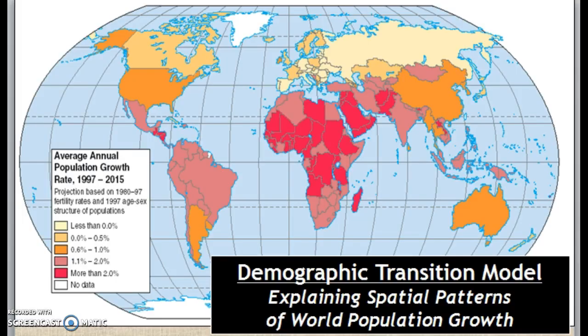Alright, the DTM is a model explaining spatial patterns of world population growth, and it has a number of uses. You should think of this model as a central concept to understand a lot of the units in the course. Not only does it show how population changes over time, but it also provides geographers insights into issues of migration, which we're going to get to in Chapter 3, fertility, economic development.